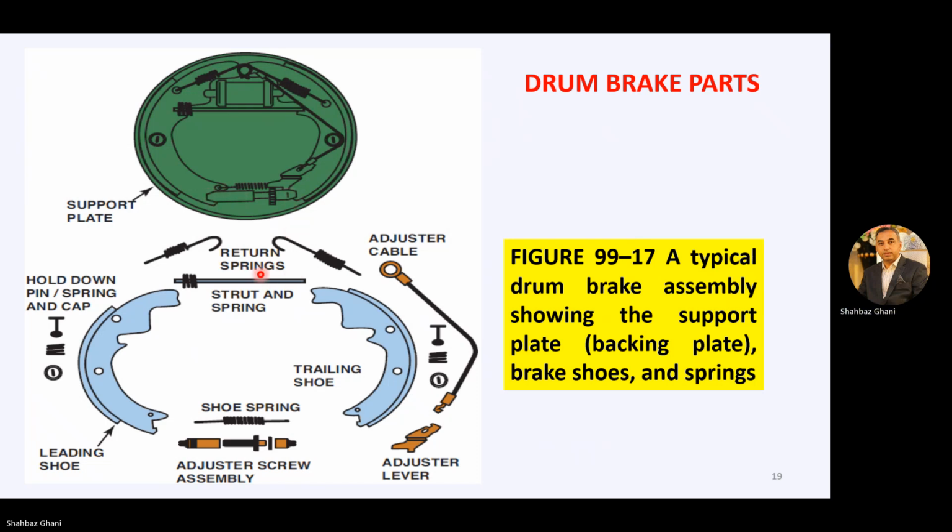These are the struts and the spring, leading shoe, trailing shoe, adjuster cable, and adjuster mechanism. So this is the typical drum brake assembly showing the support plate, backing plate, brake shoes, and the springs. That is what all is there.